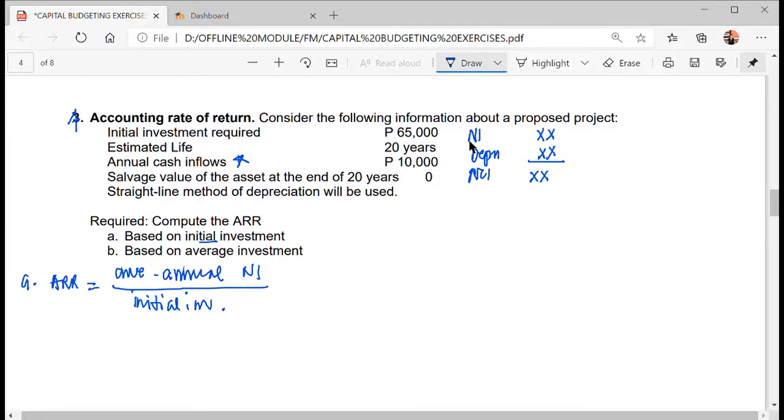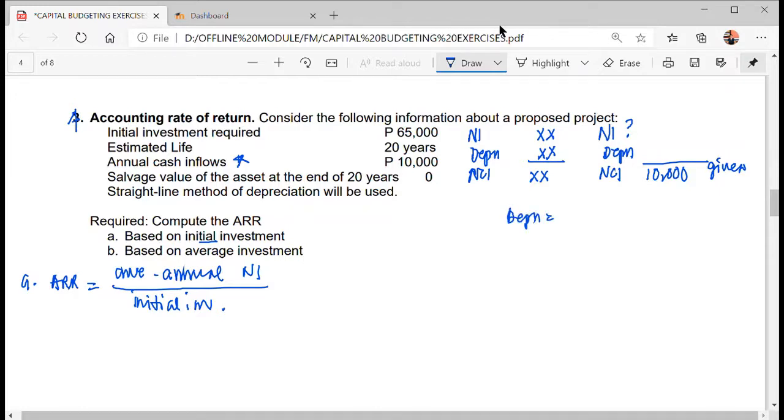Since this is reversed, we need to get the net income. The net cash inflow is given, which is 10,000. The depreciation we can compute.